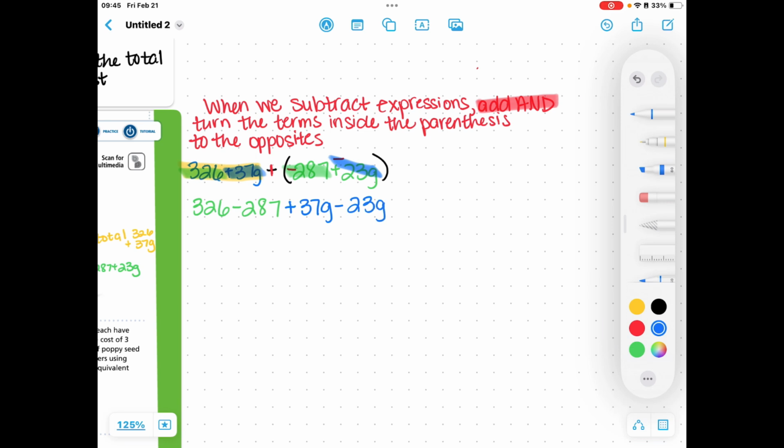So whenever I combine those like terms, something nifty happens. And if you don't have a calculator, this is when you might want one, unless you can do it in your head. 326 minus 287 is going to come out to be a 39. And then a 37 minus 23 comes out to be a 14, or 14G.